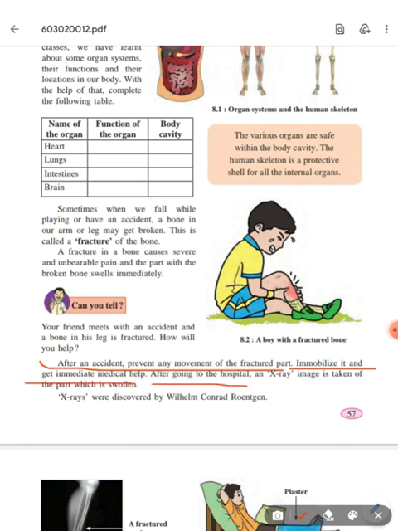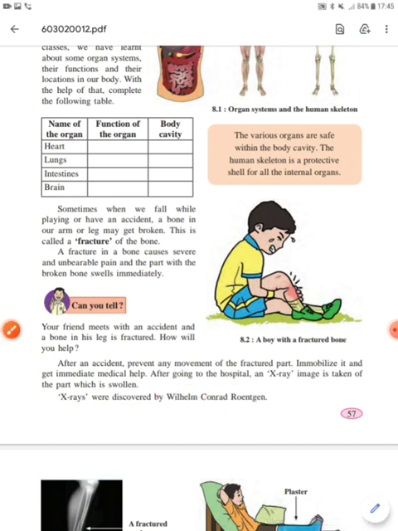After going to the hospital, an X-ray image is taken of the part which is swollen. X-rays were discovered by William Conrad Roentgen. He is the discoverer. He discovered X-rays.